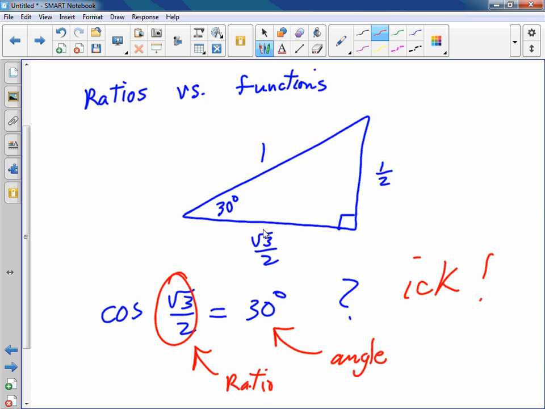Some are decimal approximations for sure. I use the 30, 60, 90, the 45, 45, 90, because those come out so nicely on our unit circle. Okay? But it works for any right triangle. It doesn't work for non-right triangles.